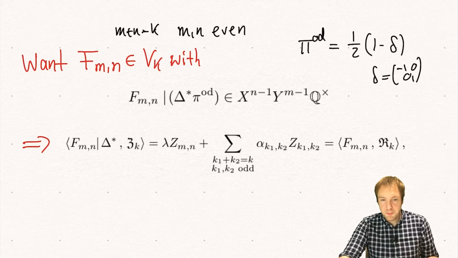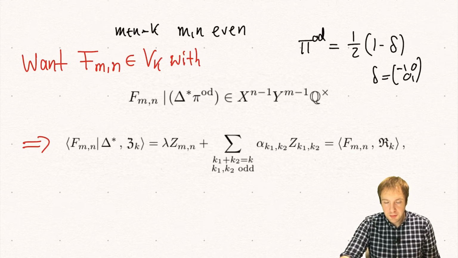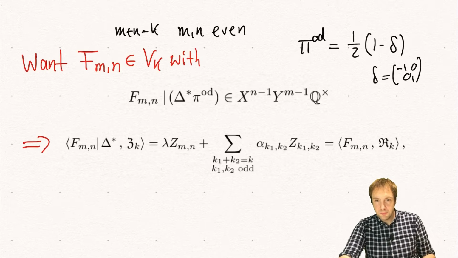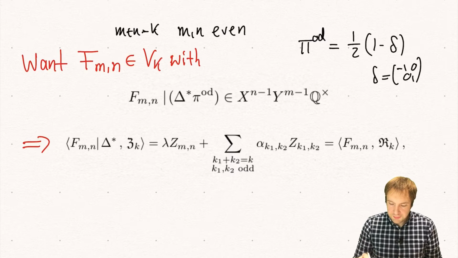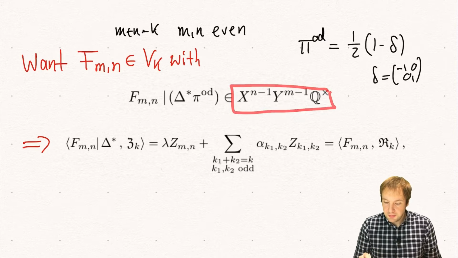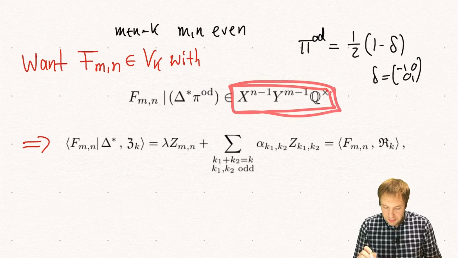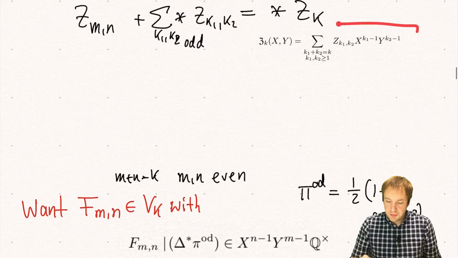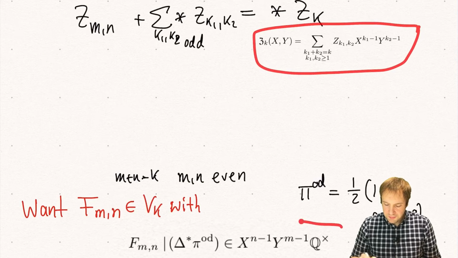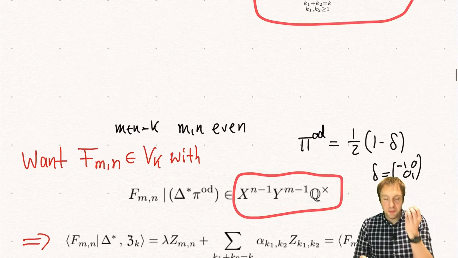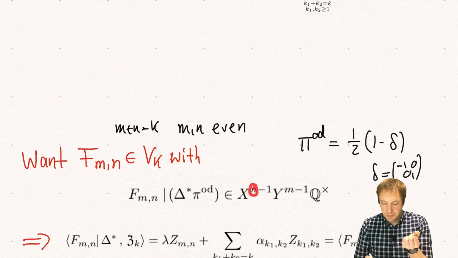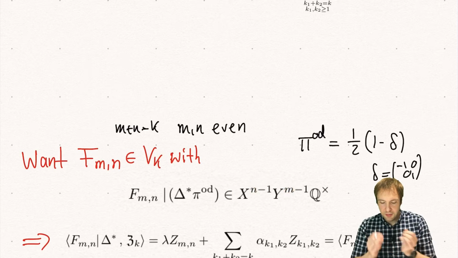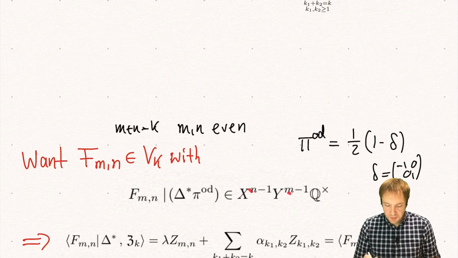So we want that this odd part is exactly this single monomial here, because if we pair this with the generating series in DES2, then this picks us out exactly our z_mn, because the pairing reverses these things here.